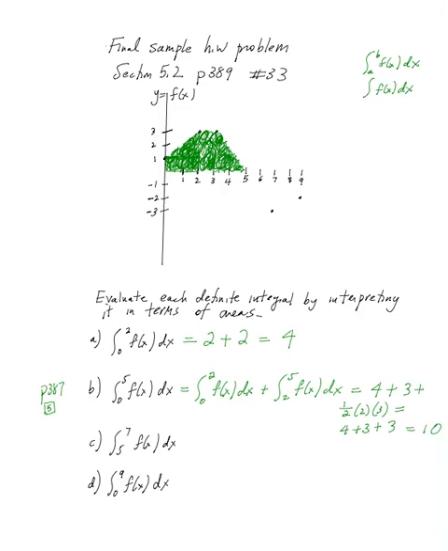Okay, how about C, the definite integral from 5 to 7? Now notice from 5 to 7, the function drops below the x-axis. In fact, the function is entirely below the x-axis.